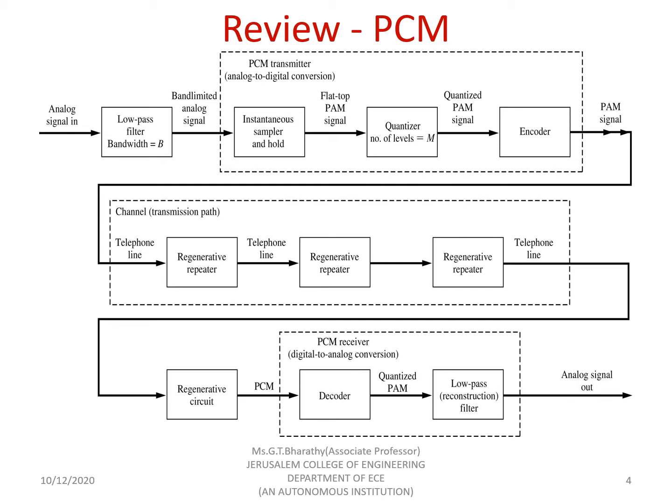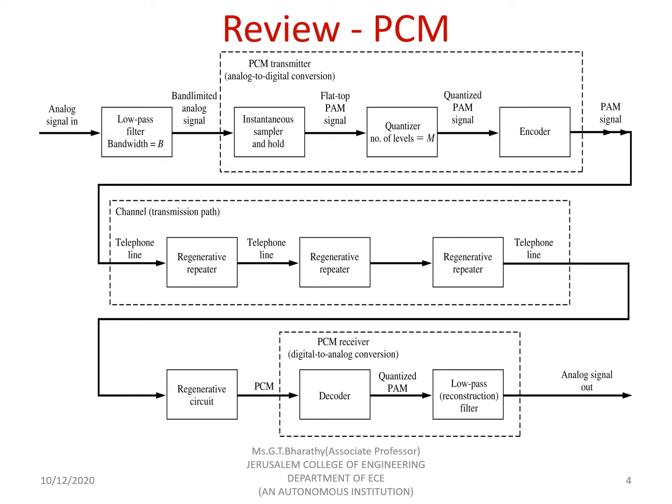The band limited signal is given to the PCM transmitter, which consists of an analog to digital converter. An instantaneous sample and hold circuit is used. The output of the sample and hold circuit will be a flat top pulse amplitude modulation. After the sampling process, the quantization is done, where it is converted into M levels of signals. The quantized PAM is encoded, and that is given to the channel.